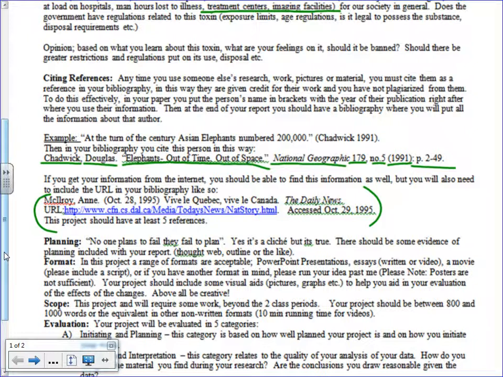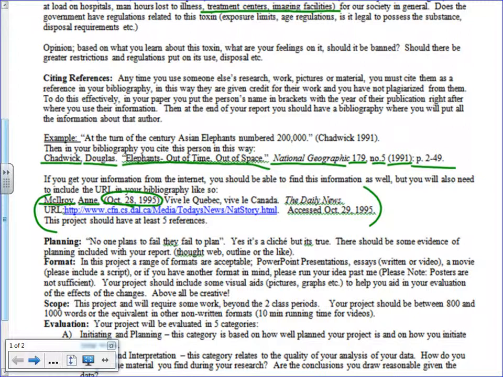Again, to cite a website: author's last name, author's first name, date the article was posted. Hopefully it's not 1995. If you can't find that, the last day the site was updated will do fine. Usually you can find that on a website.